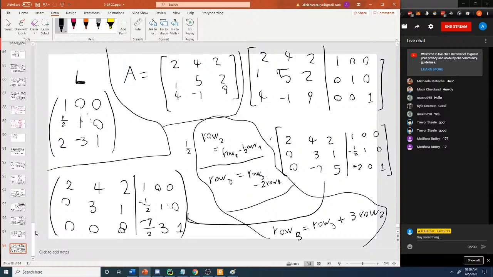So if you were subtracting 1/2 of row 1 from row 2, you put positive 1/2 here. If you are subtracting 2 times row 1 here, you put positive 2 here. If you're adding 3 here, you put -3 here. And so that's how you form L. And so the relationship between L and this is that this is L inverse.